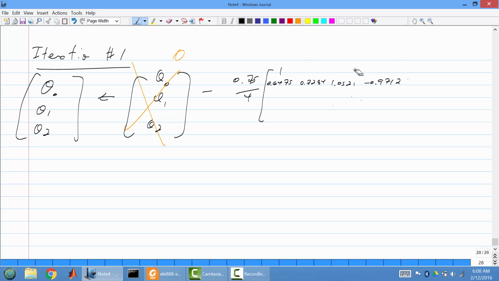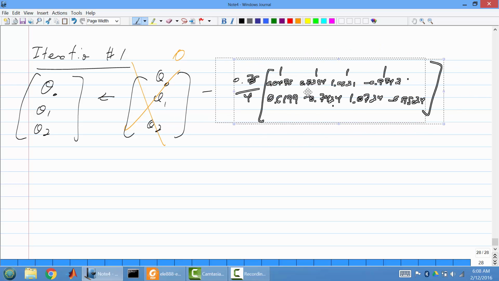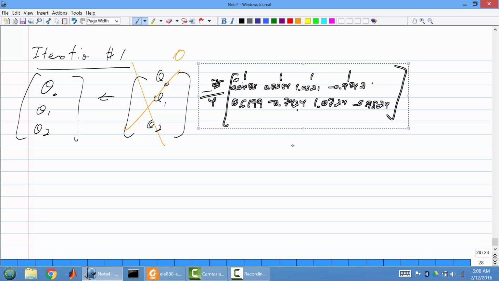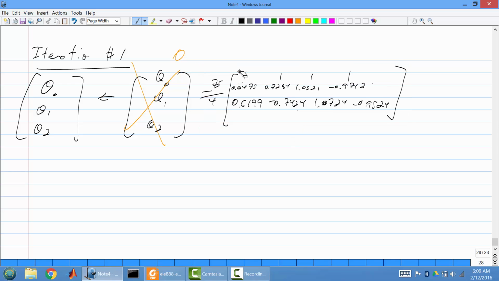And let me spread these out so that it looks a little even. And then 0.6199, minus 0.7424, 1.0724, and finally minus 0.9524. So this is x transpose. Let me move this around so we can get a better glimpse of what's going on.